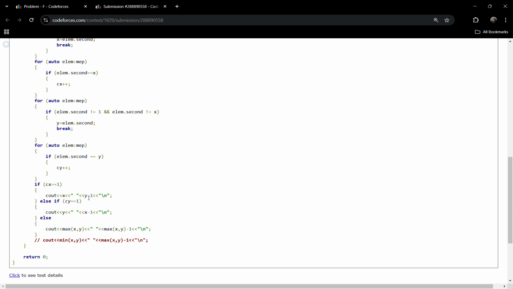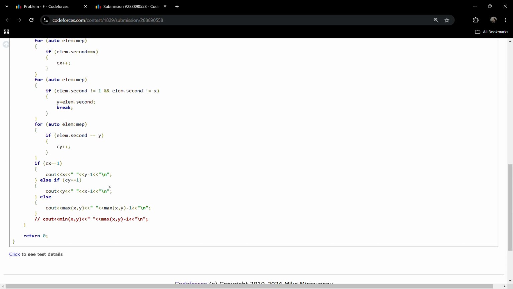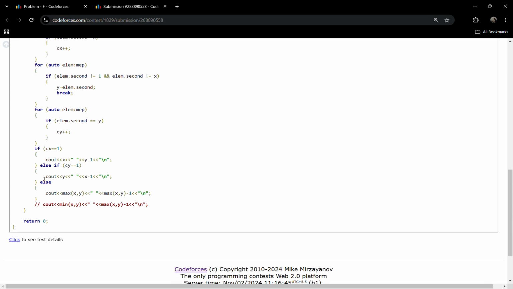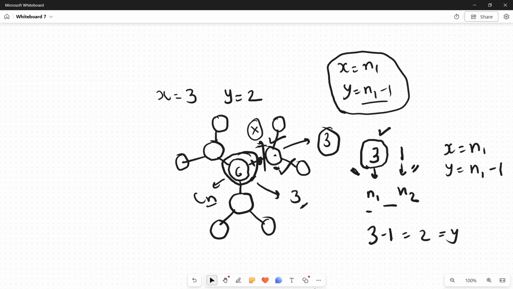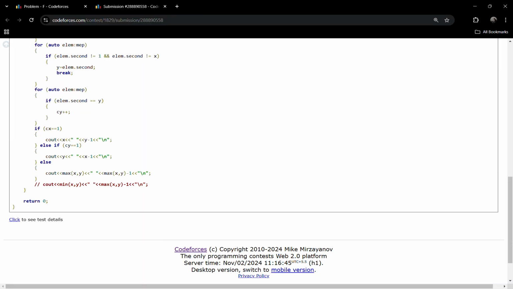So that's why y minus 1. And else if cy is equal to 1, then just alter x and y and you'll get the answer. Else, our edge case: directly outputting max of x comma y and leaving a space, then max of x comma y minus 1. So this is our edge case.